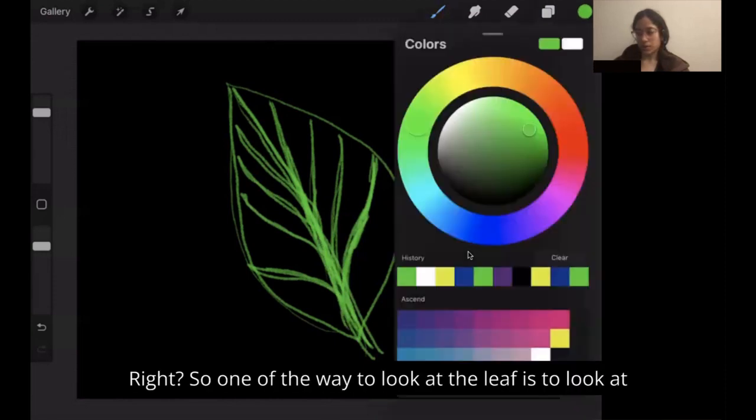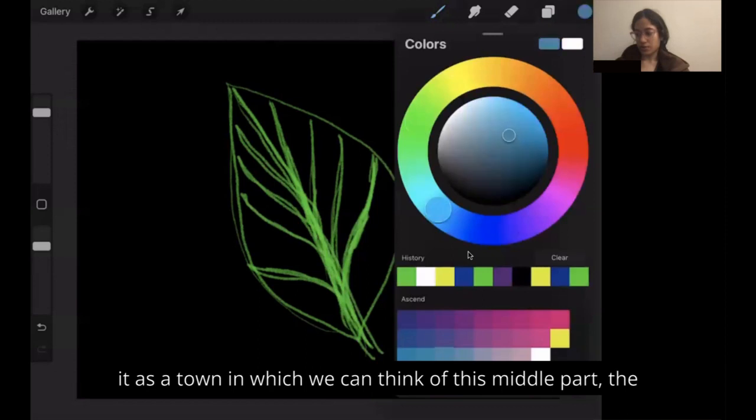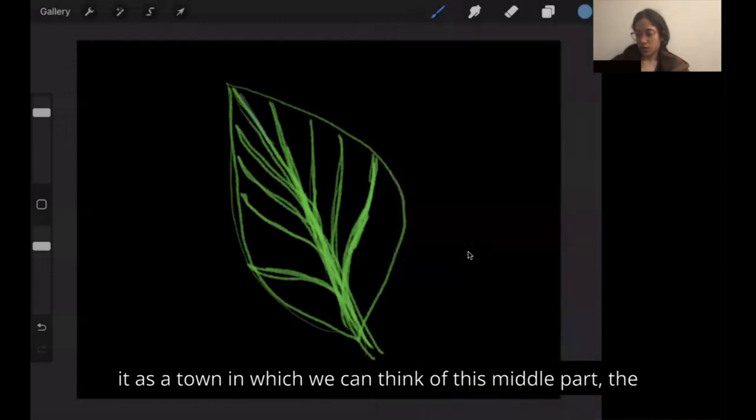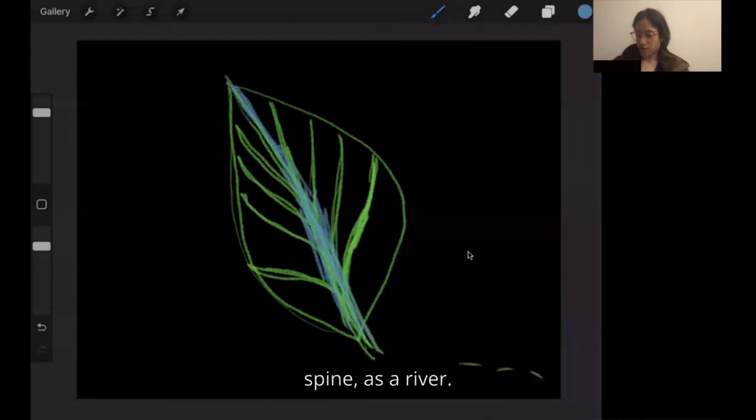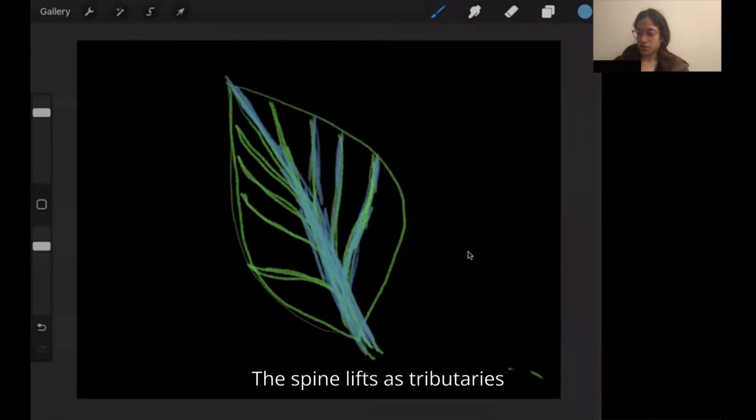So one of the ways to look at the leaf is to look at it as a town, in which we can think of this middle part, the spine, as a river. We can think of these things, the spinelets, as tributaries.